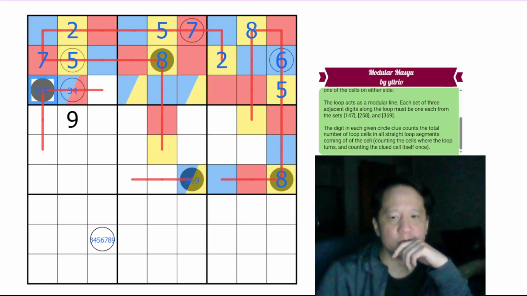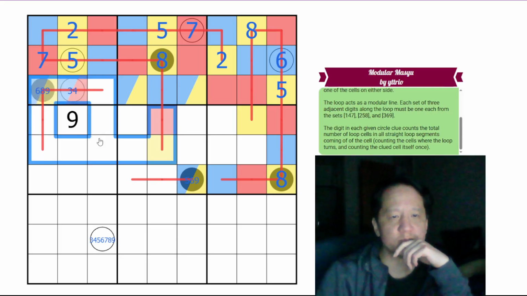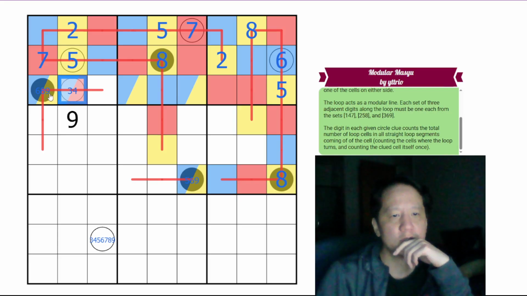And this is blue or yellow here. So if this were blue, this would have to be red, and it would have to connect to there, but then this would be stuck. So this cannot be blue here. This has to be yellow.